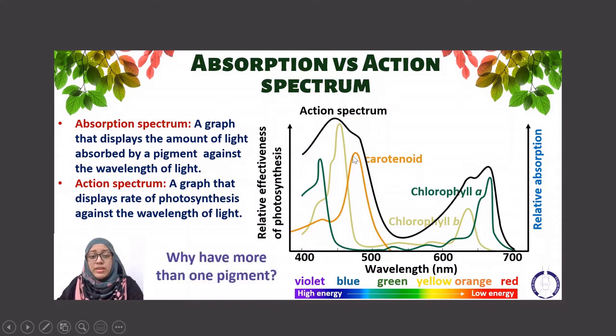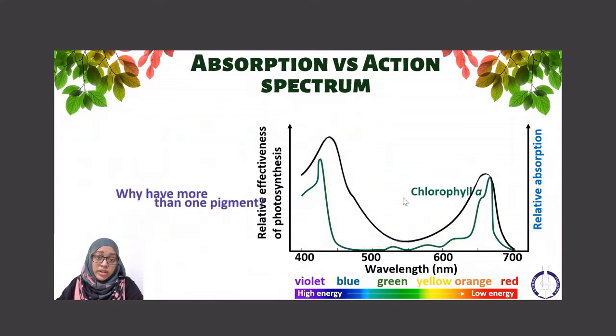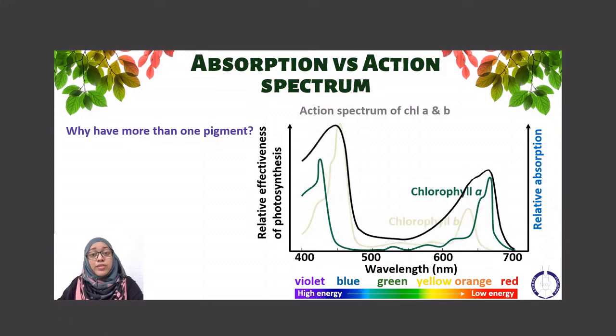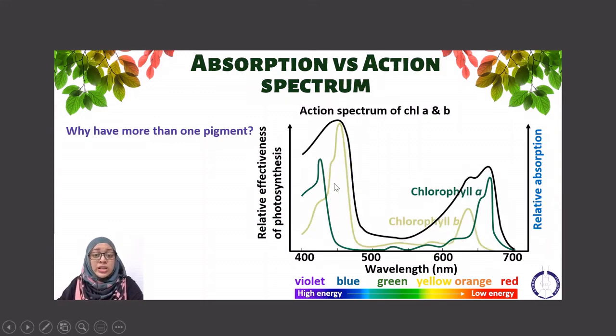So what could be the advantage of having more than one pigment? If you had just chlorophyll A, for example, the action spectrum would definitely be limited to a small range of wavelengths, because only those wavelengths would be absorbed for photosynthesis. But if you add chlorophyll B in addition to chlorophyll A, you would have a wider range of wavelengths that can be absorbed and used for photosynthesis.